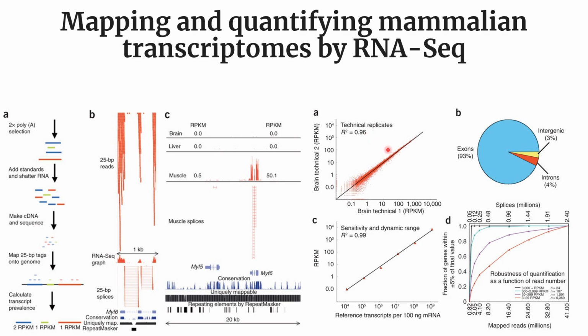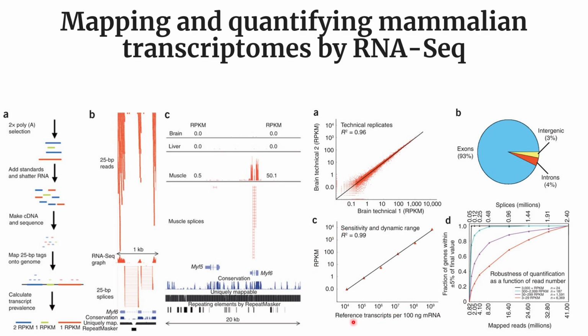This shows that the reproducibility of the RNA-seq data is quite high. Thereafter, they also analyzed this data, and it is shown that 93% of the data are exon, which is in line with the literature, as most of the data in the mouse or human genome belong to exons. Some of the data are intron, and 3% of the data are intergenic.